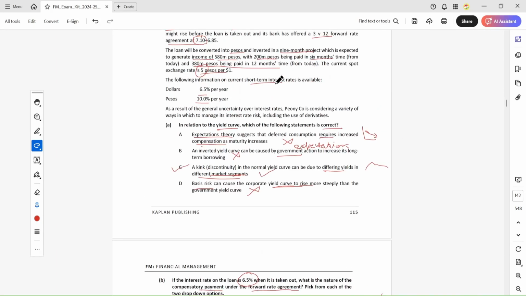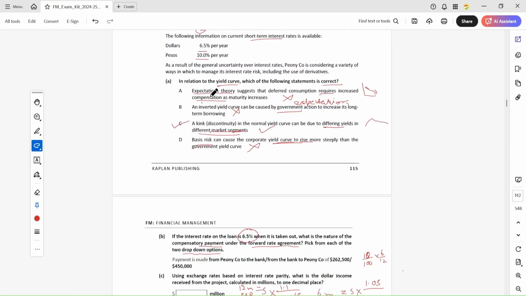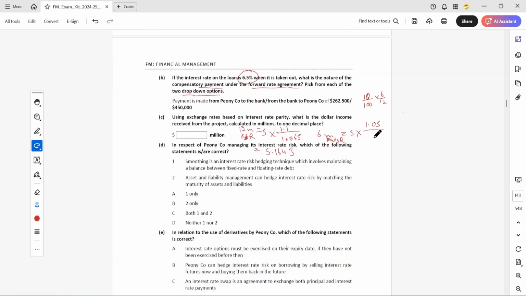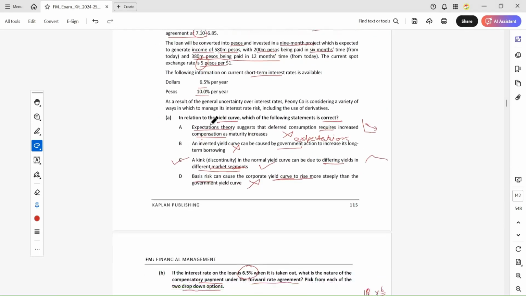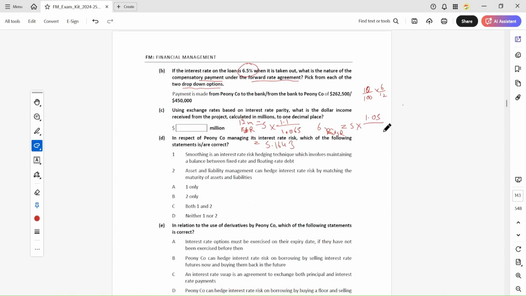We have to convert this into 6 months, and for this as well. Okay, so after converting, this is 1.0325, okay, so 5.0848. Okay, these are the forward rates.